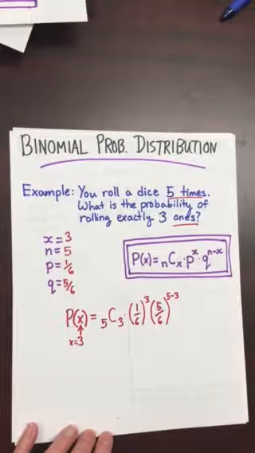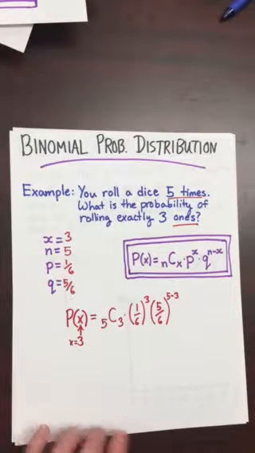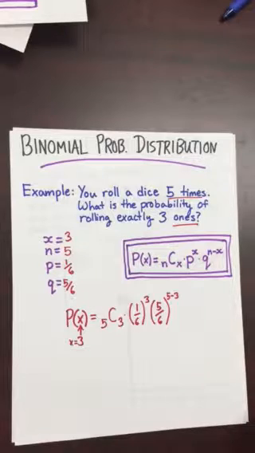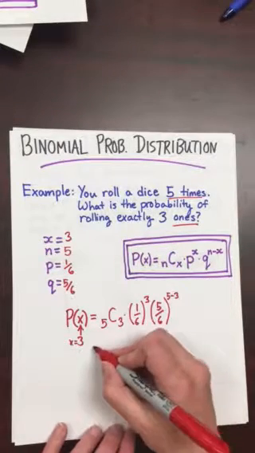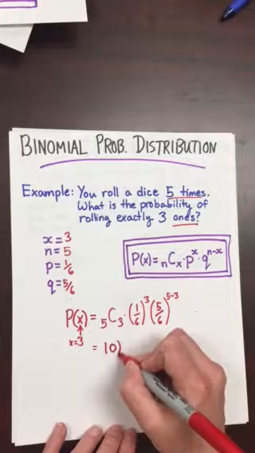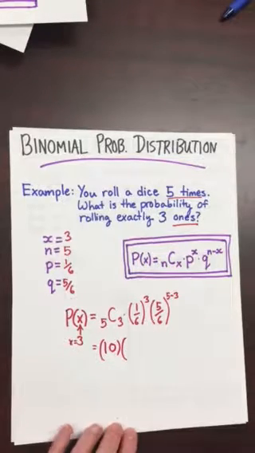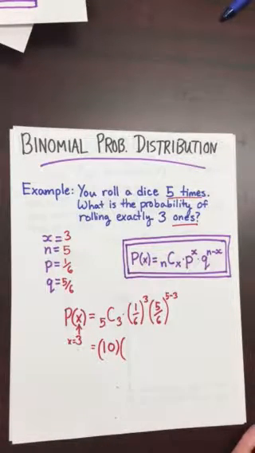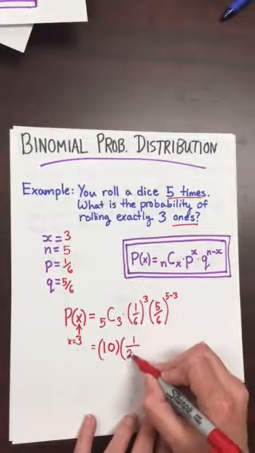All right, toss this all into your calculator. So 5 choose 3 is going to give us 10 here. 1 in 6 to the power of 3 is going to be 1 over 216.